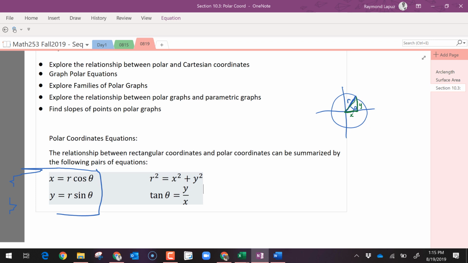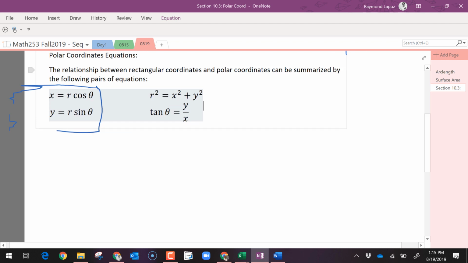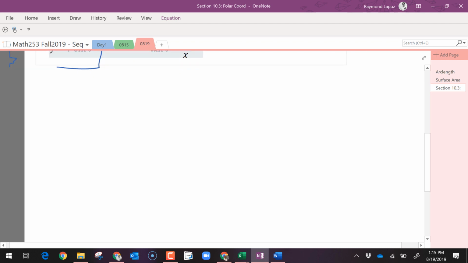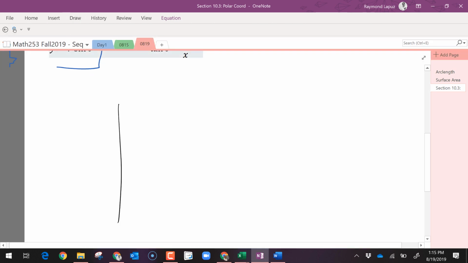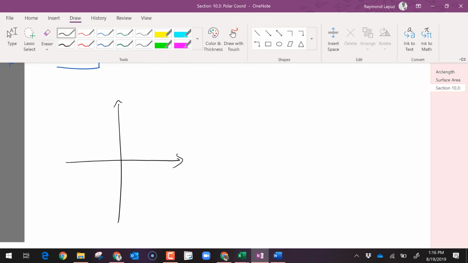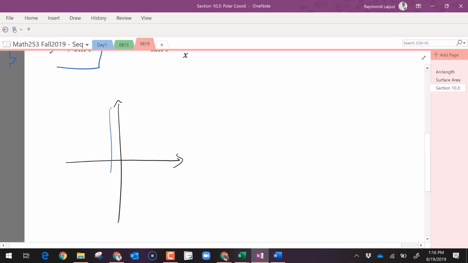So what are polar coordinates anyways? Have you guys heard of polar coordinates? Have you seen polar coordinates? We have graph paper in Cartesian coordinates, which kind of looks like the graph paper that you would get.